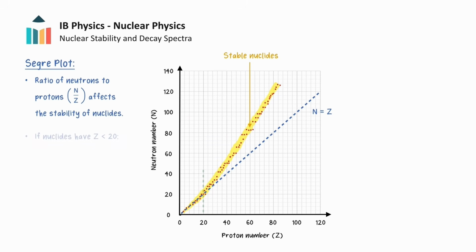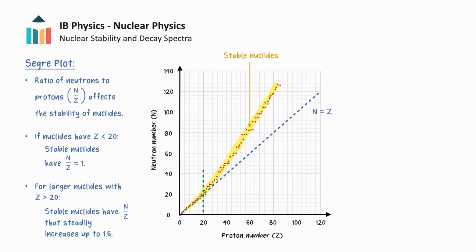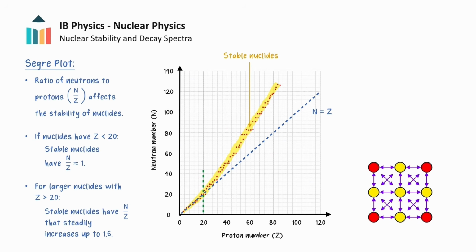For nuclides with a proton number less than 20, stable nuclides will have roughly equal neutron and proton numbers. However, for larger nuclides with proton numbers larger than 20, stable nuclides will have an increasing ratio of neutrons to protons up to a value of 1.6. Recall that this is because for larger nuclei, more neutrons are required to provide attractive strong nuclear force to stabilize the nucleus.